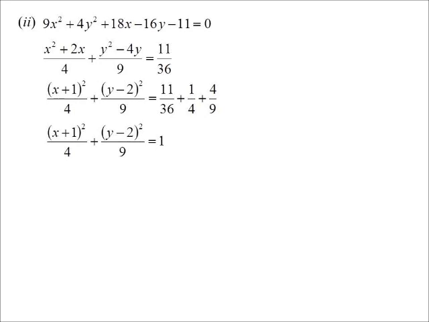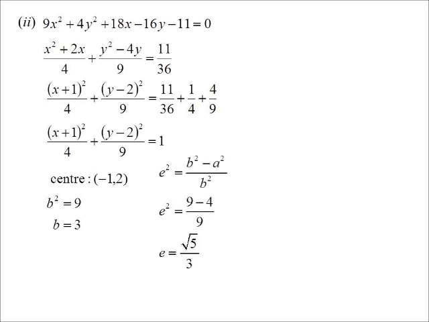Obviously, we've got some shift happening, just like it happened in the circle. So instead of being at 0, 0, this one's going to be at negative 1, 2, is the centre. Notice b squared is bigger than a squared in this one. So it's elongated along the y-axis. And b is 3. So instead of being a squared minus b squared on a squared, the b's and the a's will swap around.